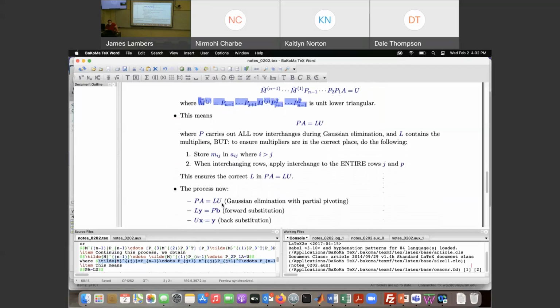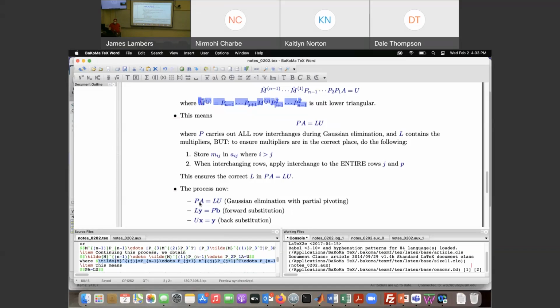So now here's what you do. To solve AX equals B, you perform Gauss elimination with partial pivoting. Before you work on a column, you determine if any row interchange needs to be made in that column. So you're in column J. Does row J need to be swapped with some row greater than J? So effectively, you create the LU decomposition of the row interchange matrix. And you keep track of the row interchanges as you go.